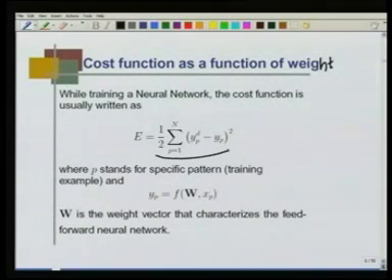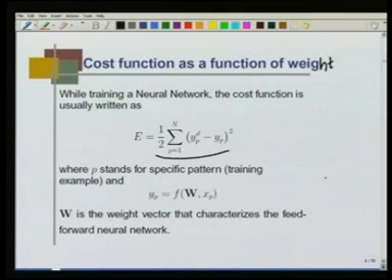And here if you look at what is YP, this YP is the output of the neural network, and YP is a function of neural network weight, and XP is the neural network input. Okay.